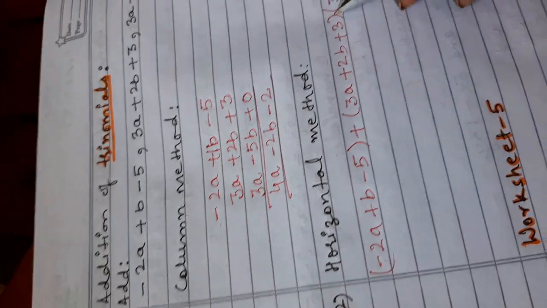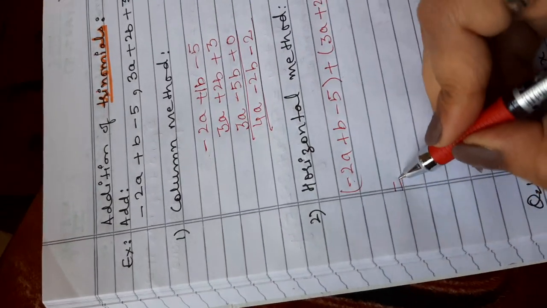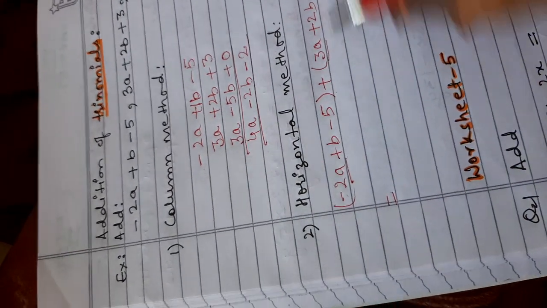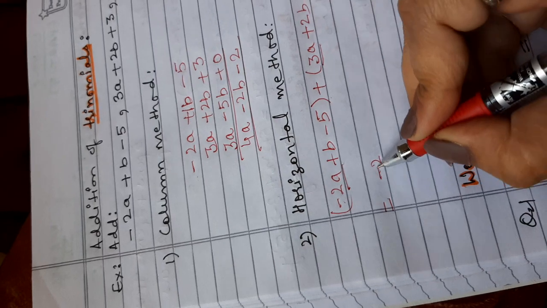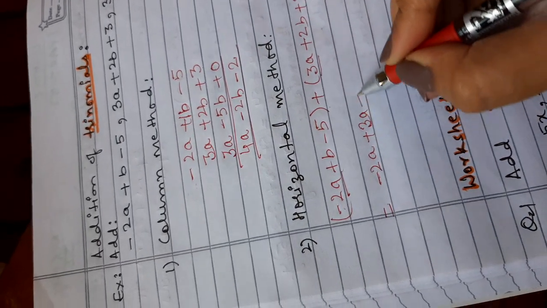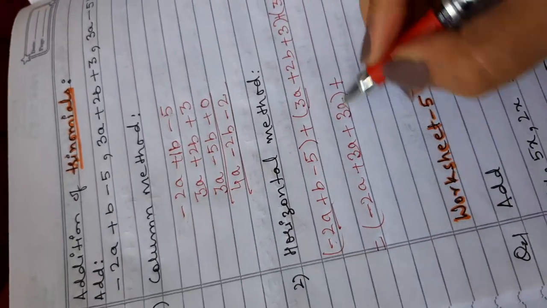Put the plus sign also there because we are adding. This is equals to, now rearrange the like terms: 2a, 3a and 3a. Write them together along with their sign, 2a plus 3a plus 3a. Put them in brackets, plus sign.